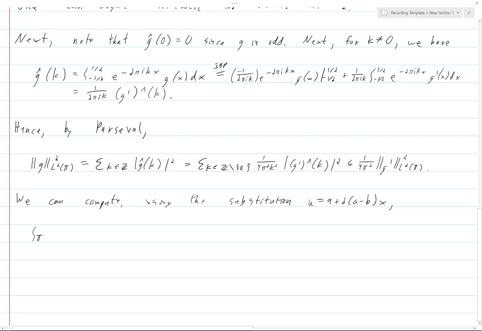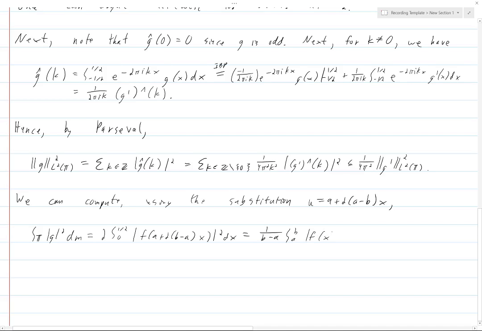It's going to be the integral over the torus of g squared with respect to the Lebesgue measure. It's 2 times the integral from 0 to 1/2, because of evenness, of f of a plus (2b minus a)x, squared, dx. You do that substitution, and a factor of 1 over b minus a will come out.